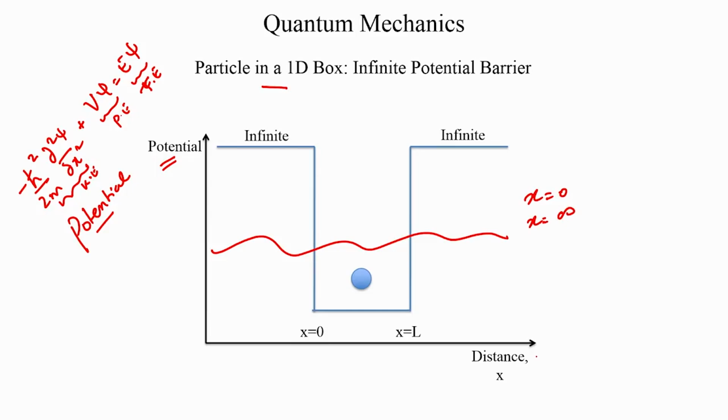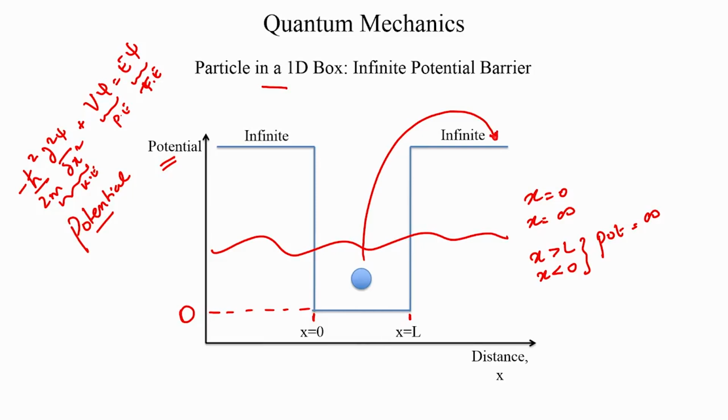But the potential profile is such that between x equal to 0 and x equal to L, the potential has a value of 0, and in the regions outside x equal to L and below x equal to 0, the potential has a value of infinity, which implies that the electron or the particle we are considering has to have an infinite amount of potential energy in order to be located in these regions.